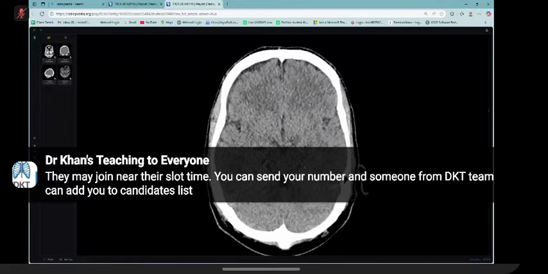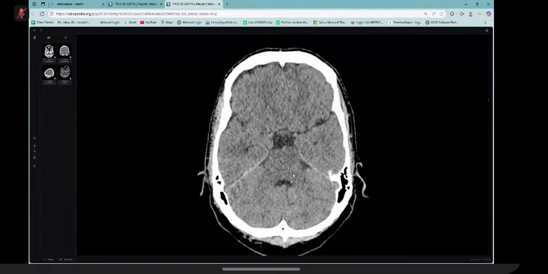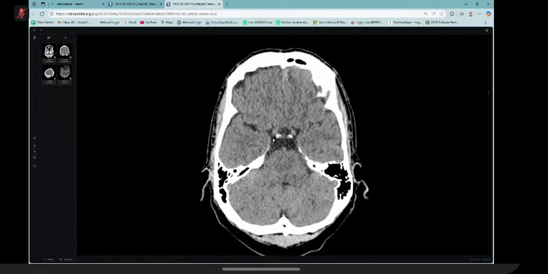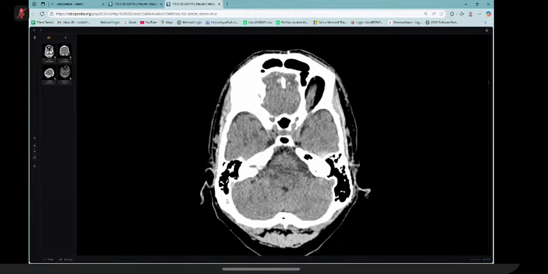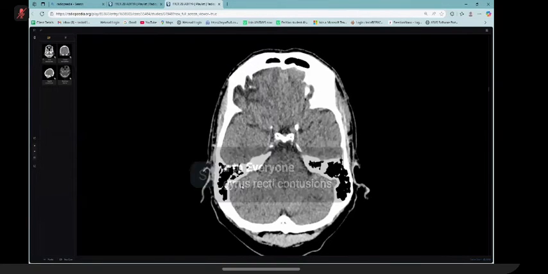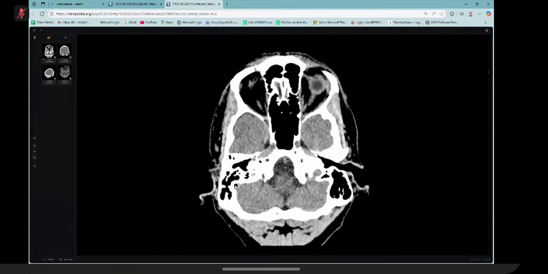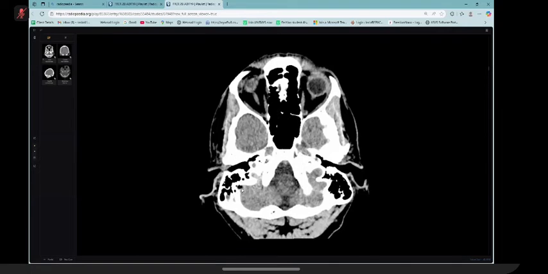Now I'm looking at the venous sinuses, because the cavernous sinus or any dural venous sinus thrombosis could be the cause of headache. I'm looking at the symmetrical areas of the venous sinuses, but here I can see that there is something problematic. There are air foci within the sigmoid sinus.